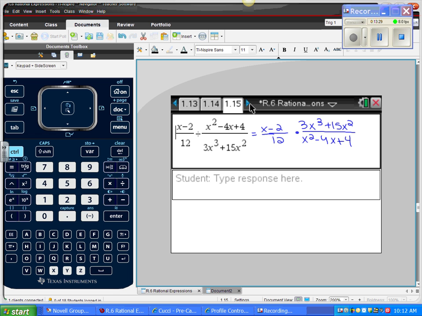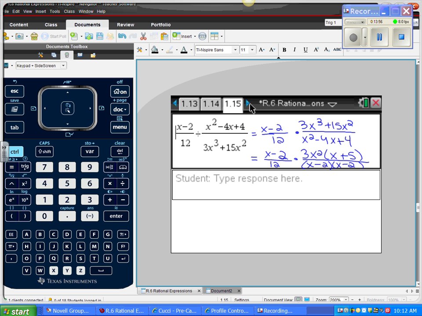Now we can factor. Doesn't look like I'm going to factor anything here. I know that looks kind of crazy. Let's fix that. But it looks like I can factor out a 3x squared. And then the denominator, x minus 2 and 2.